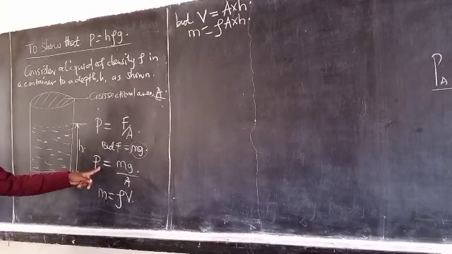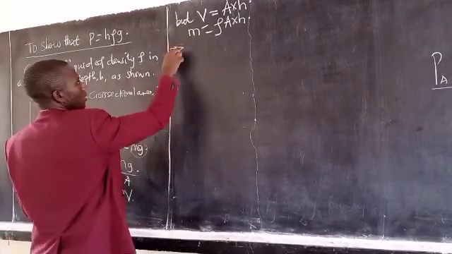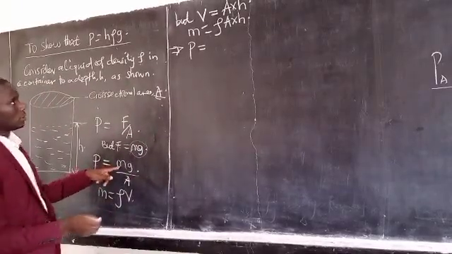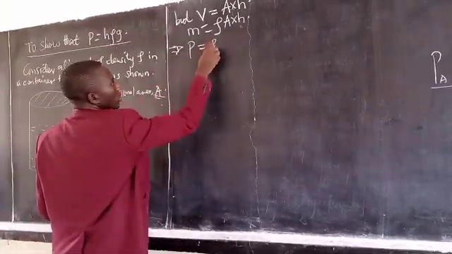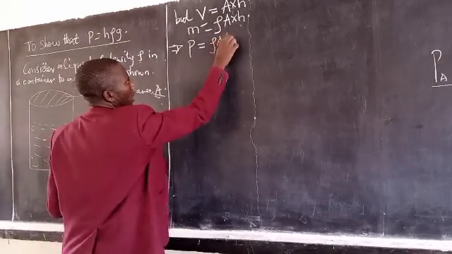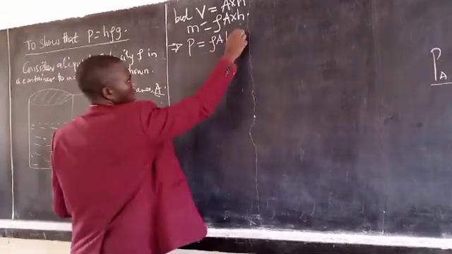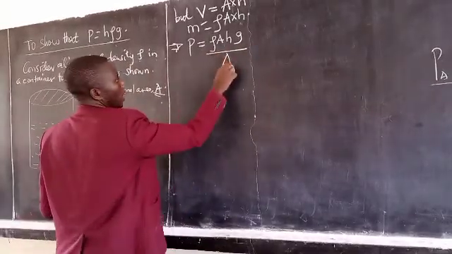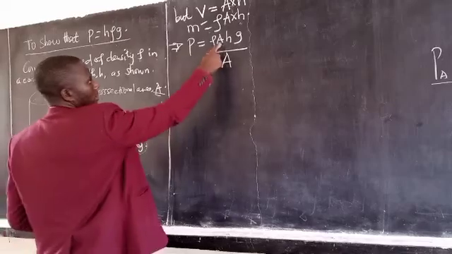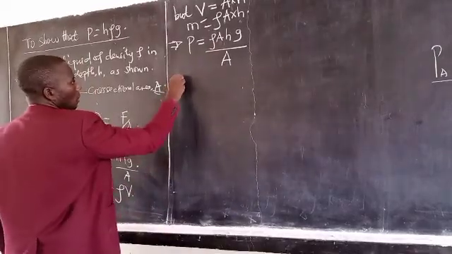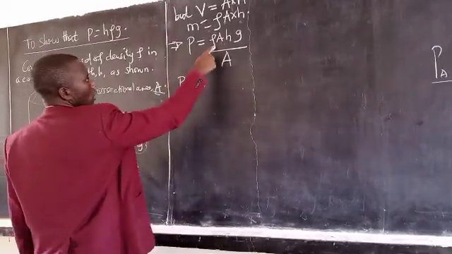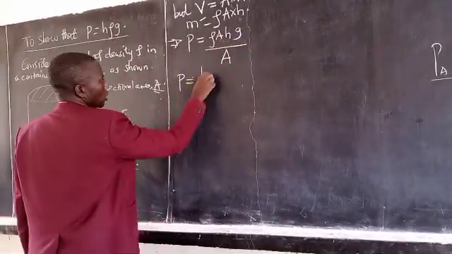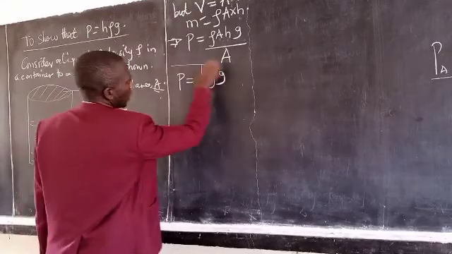So what is pressure? This means that pressure equals mg, but m is this, rho A h, then there is a g, then divided by the area, and this is the same area. So pressure equals rho h g, which you normally write as h rho g.